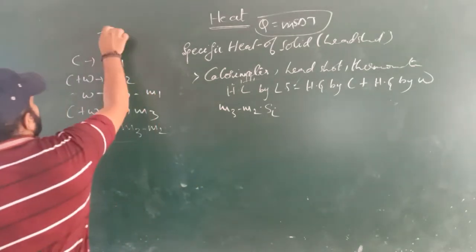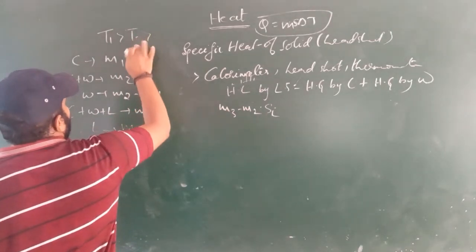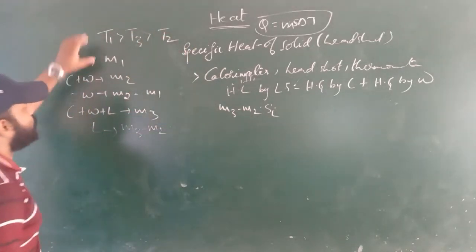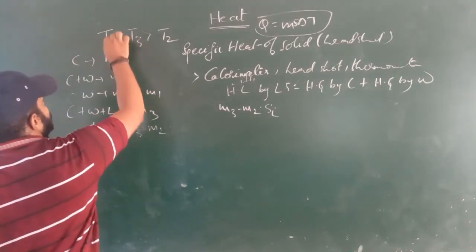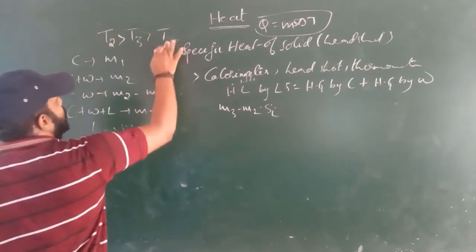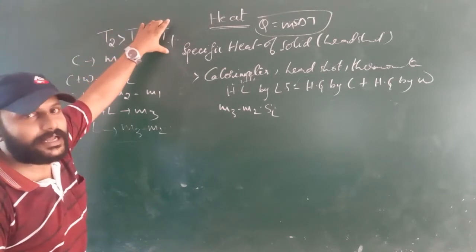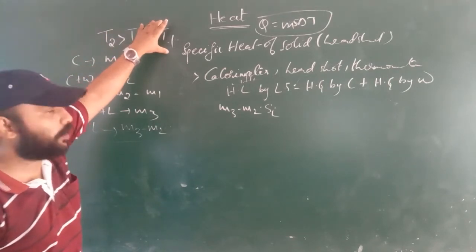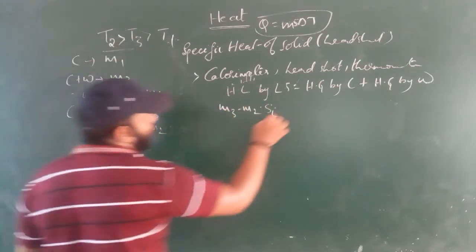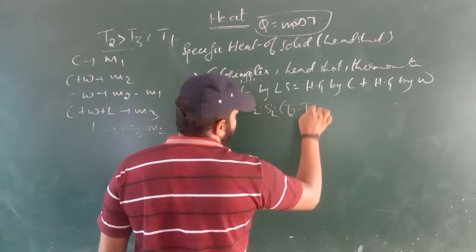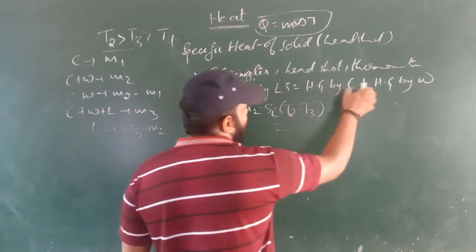What we are seeing here is that the temperature of the lead shot will be greater than the temperature of the mixture, which is greater than the temperature of the water or calorimeter, the colder object. So the change in temperature, the higher temperature here, is T2 minus T3. T2 minus T3 is equal to the heat gained by the calorimeter.